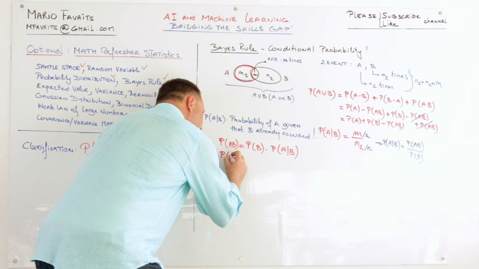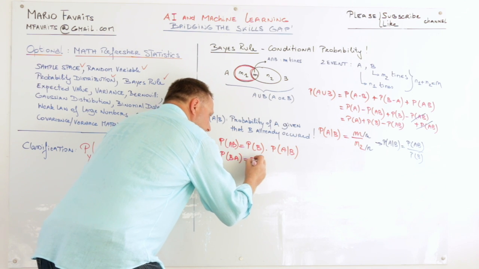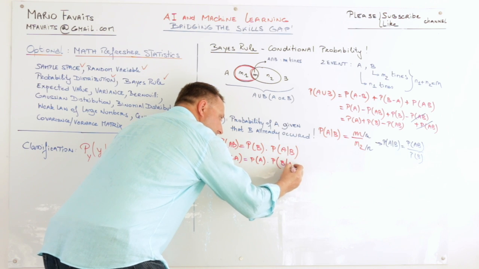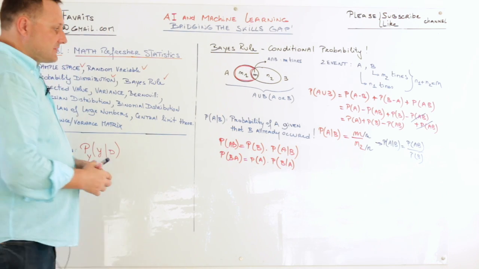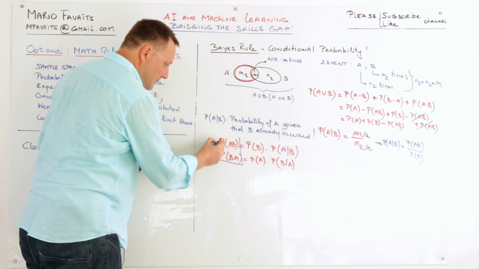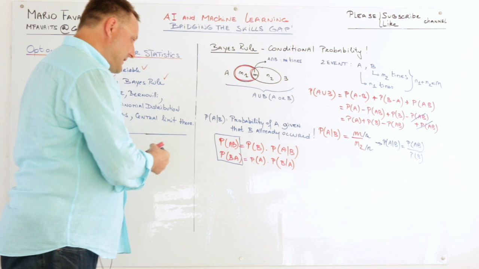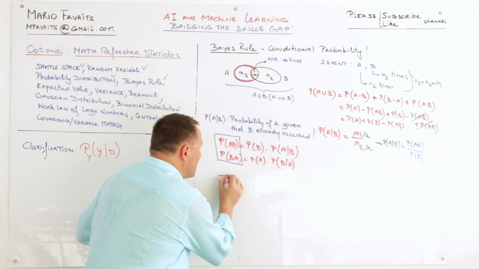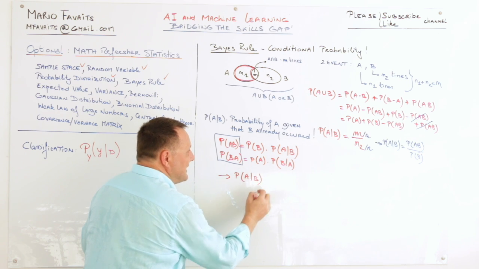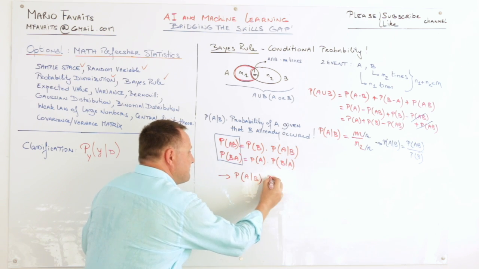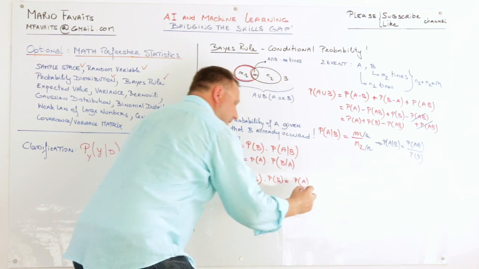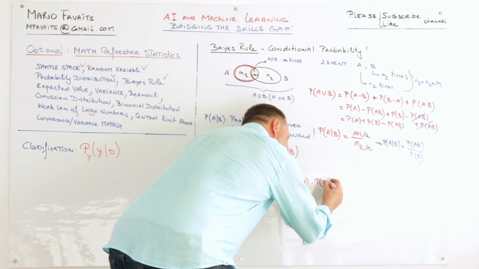So that means P(BA) equals P(A) times the probability of B given A. I just swap this. Now these are the same. So that means the chance of A given that B has happened times the chance that B happens equals the chance that A happens times the chance that B happens given A.